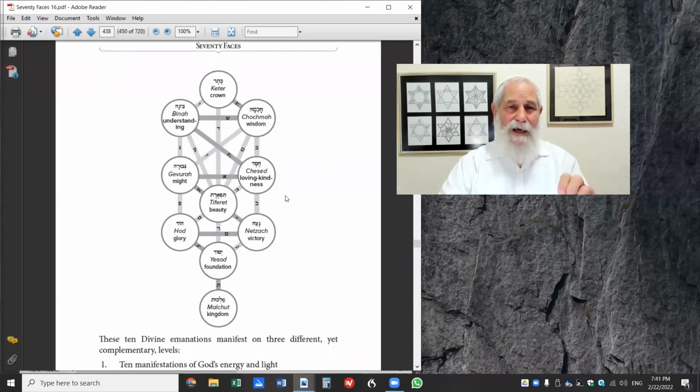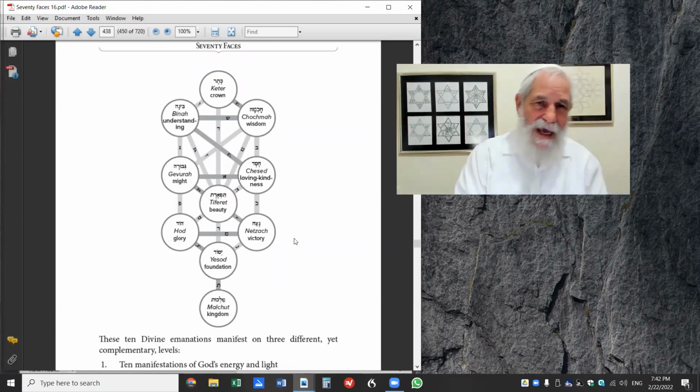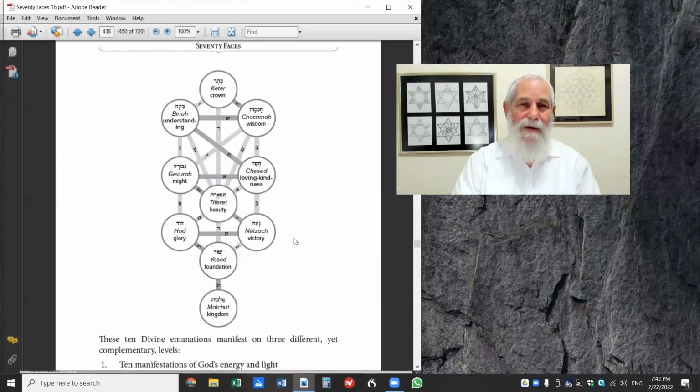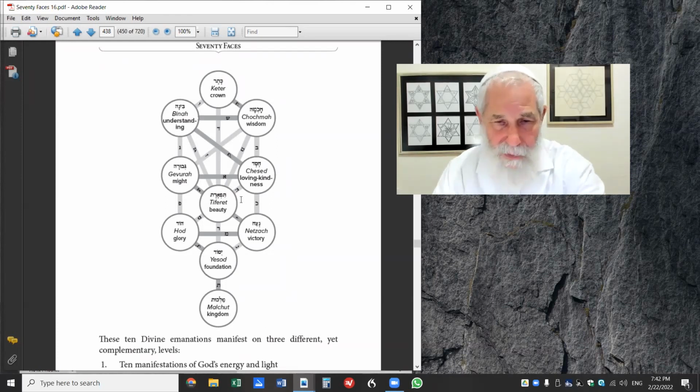Sometimes this particular model is called the DNA of the universe, because the way Kabbalah looks at the building blocks of creation are the 22 letters and the 10 Sefirot. So this is a very, very important model, maybe close to one of the most important, because the Sefirot and the letters are the building blocks of everything. So that was one of the first models that we learned.